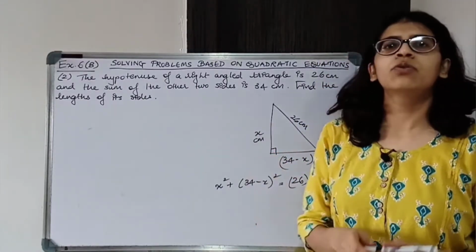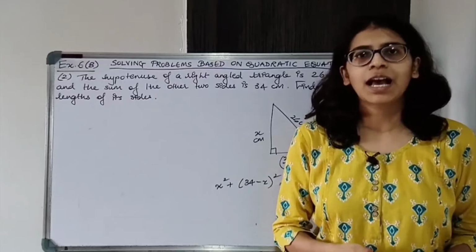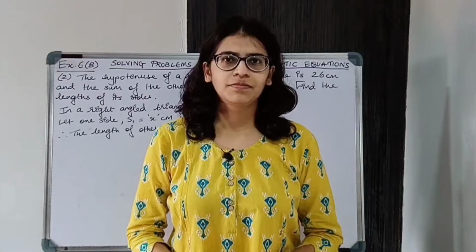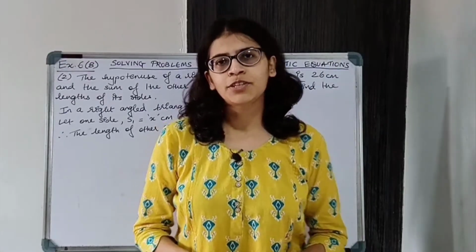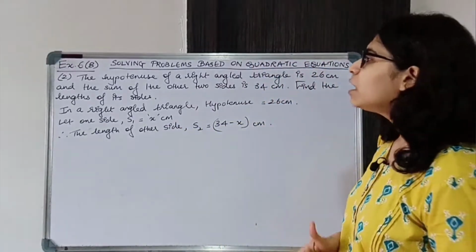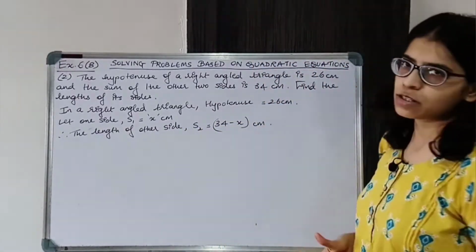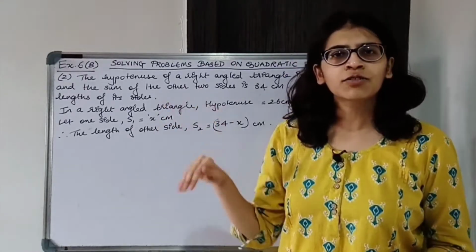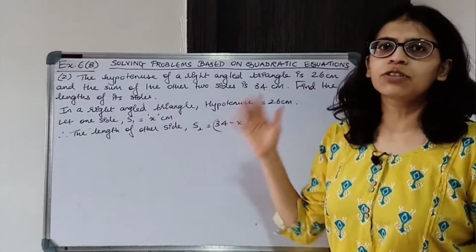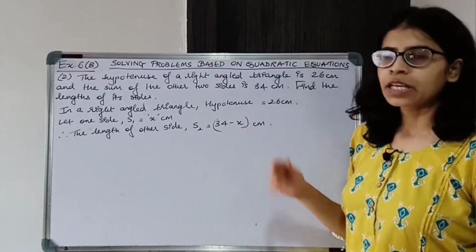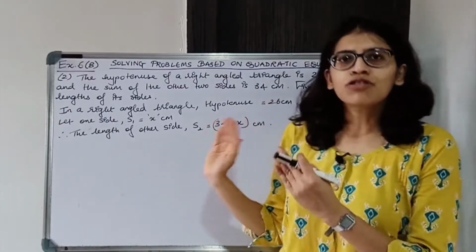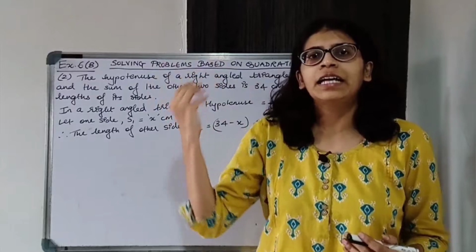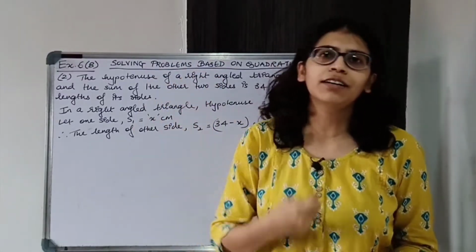Okay, so let us now write down the statements and proceed with the solution. So we have written the given information, we have just framed the statements. In a right angle triangle, hypotenuse is 26 centimeter. One side S1 we have assumed to be x, the other will be 34 minus x, because the sum is 34. Okay, now over here the condition is not given, so you have to think which condition we can apply in a right angle triangle.